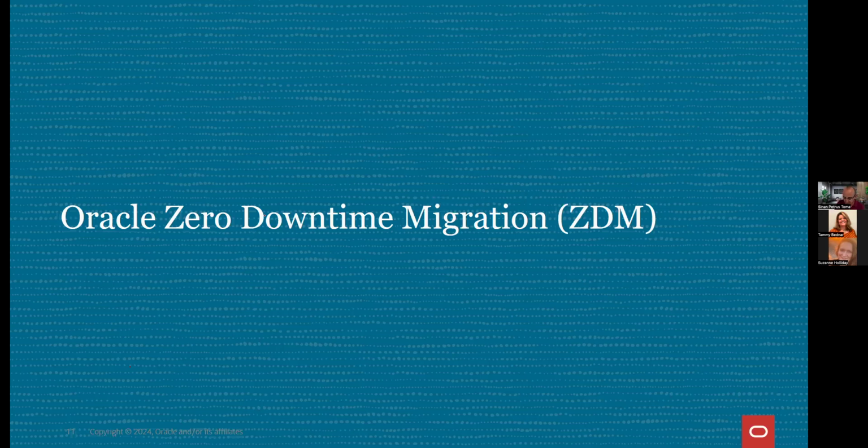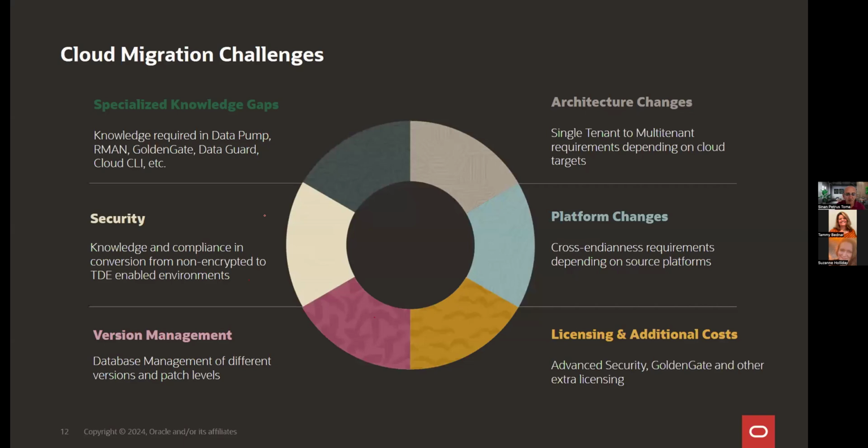Then I can click through them during the session. So before talking about zero downtime migration, let's have a look at the migration challenges customers usually encounter when moving data from one database to another, and especially when moving to Oracle Cloud.